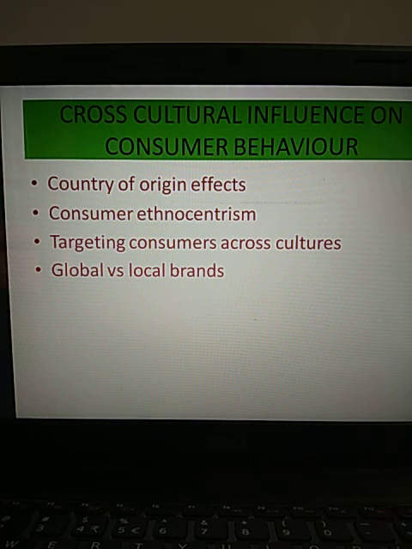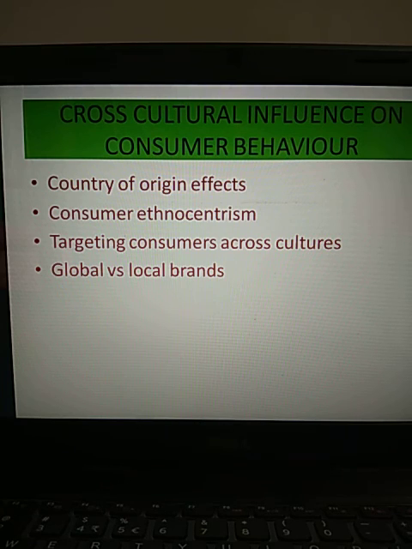Targeting consumers across cultures is going to be a very tough task for companies, because of various countries, regional and geographical differences, various atmospheric environments, various psychological aspects. To convince in all these spheres, in all these dimensions is very difficult. The next one is global versus local brands.